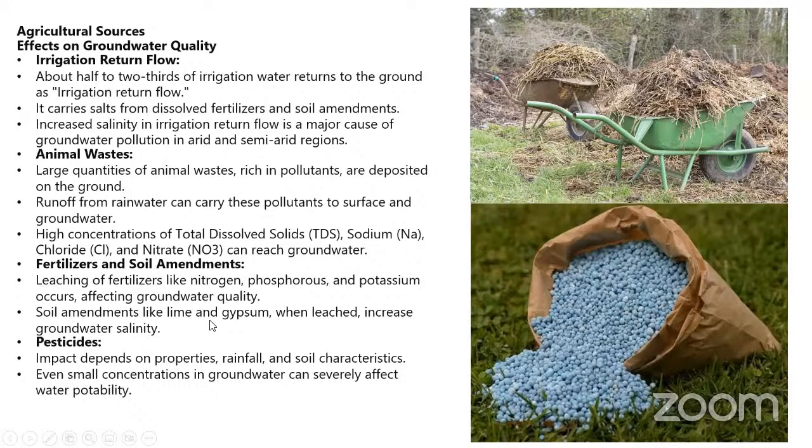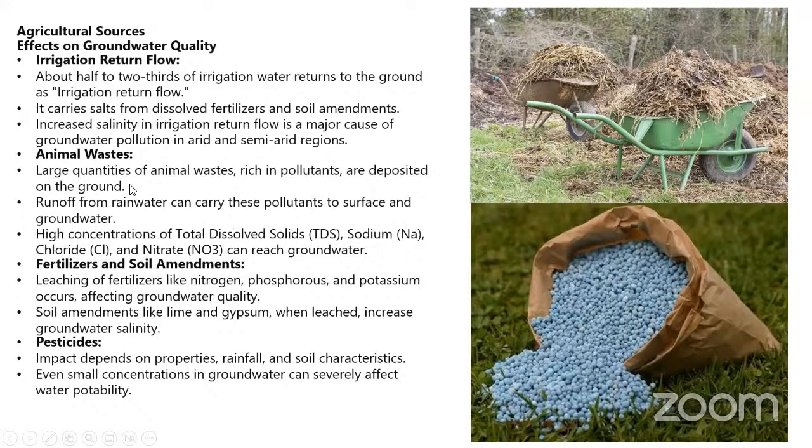And when we talk about pesticides coming from agriculture activity, the impacts depend on properties, rainfall, and soil characteristics. Even small concentrations in groundwater can severely affect water potability. So pesticides and fertilizers are the main pollutants coming from agriculture activity.